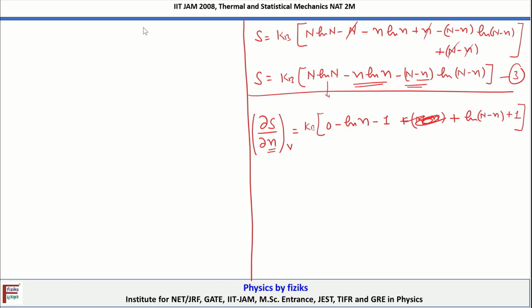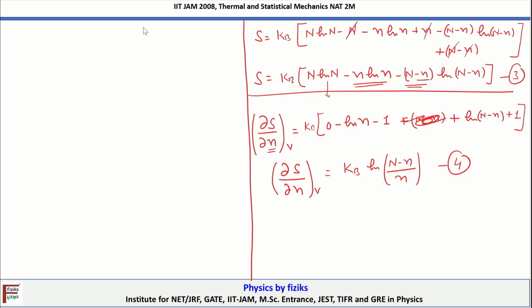After rearranging these terms, we obtain dS by dn at constant V, that is equal to kB ln of (N minus n) upon n. Let's call this result 4.